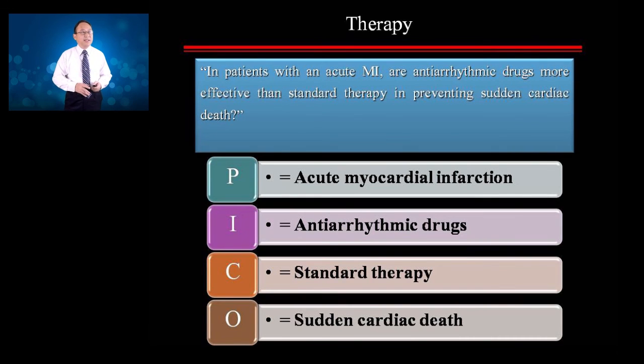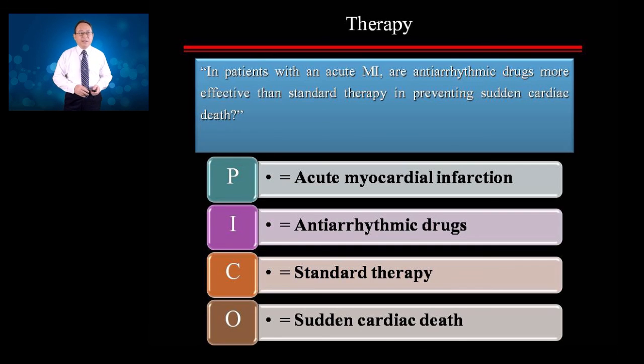An example of this is: in patients with acute myocardial infarction, are antiarrhythmic drugs more effective than standard therapy in preventing sudden cardiac death? This statement can be divided into 4 parts. P is, for instance, patients with acute myocardial infarction.